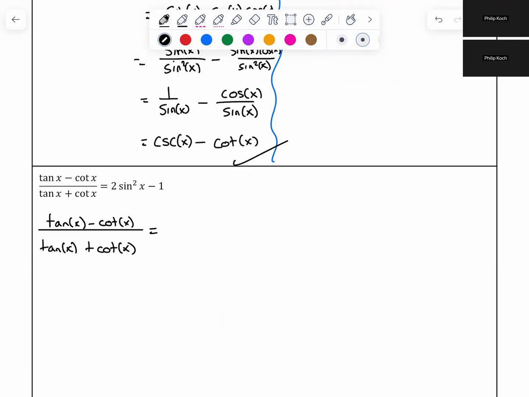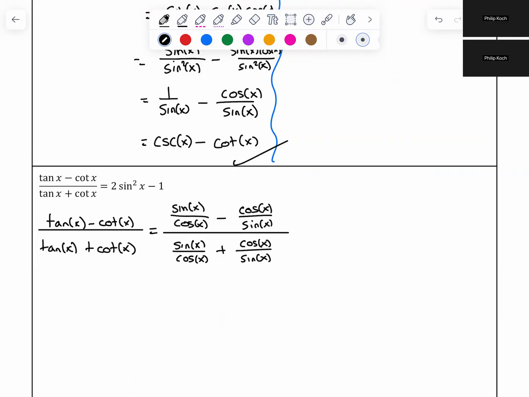But tangent is sine over cosine. Sine of x over cosine of x. Cotangent is cosine of x over sine of x. All divided by tangent of x, which is sine of x over cosine of x, and then plus cosine of x over sine of x.